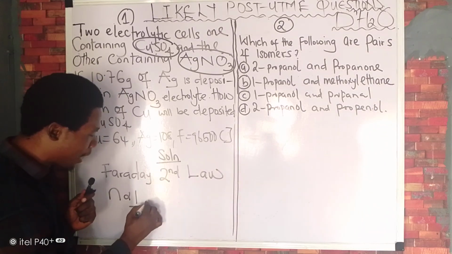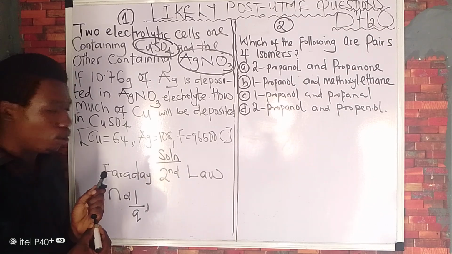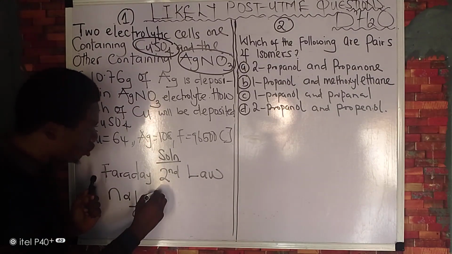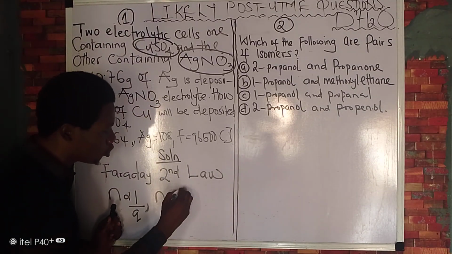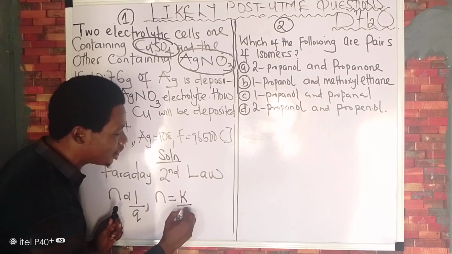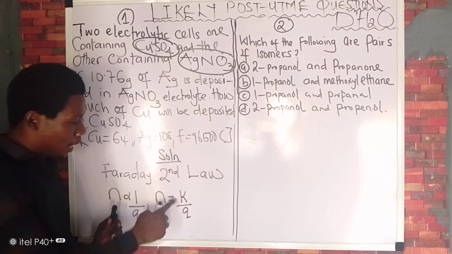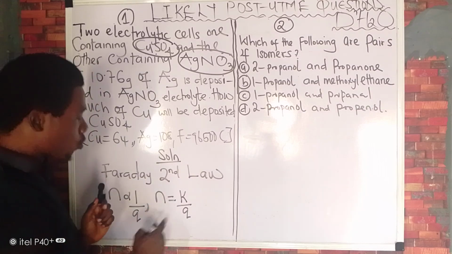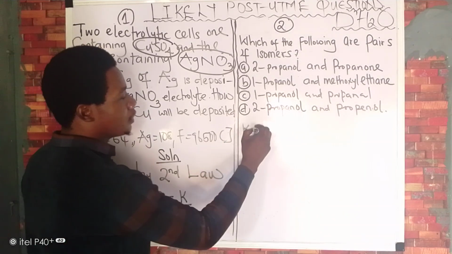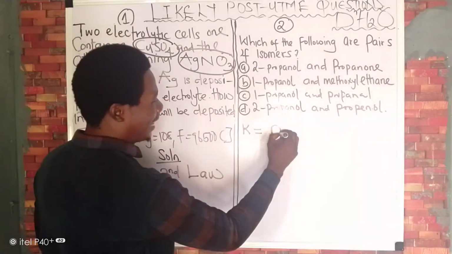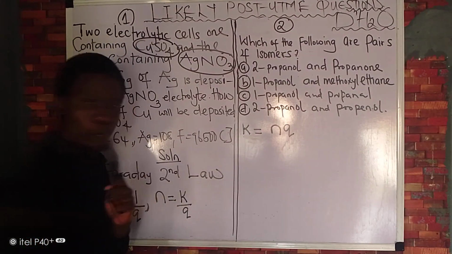From there, you can see that according to Faraday's second law, the number of moles is equal to a constant over the charge. Now if you make the constant the subject of the formula, we have K equals N times Q. Don't forget that.